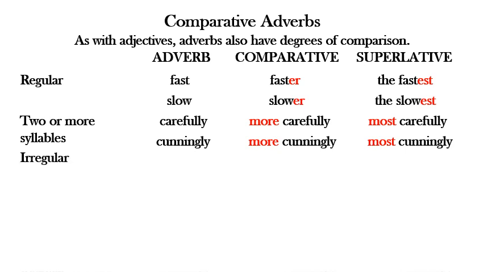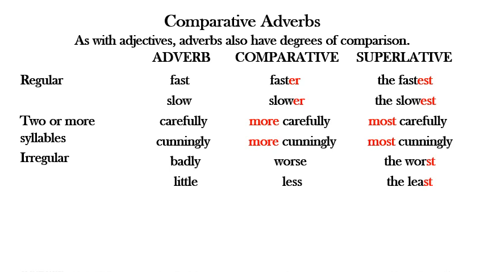Let's take a look at our irregular ones, okay, which don't follow the rules. We'll look first at badly, and that becomes worse or the worst. Right? And we've got little, less, the least. Very similar to the adjectival form.